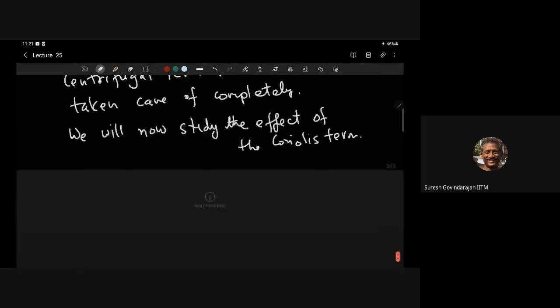Okay, so let me now draw a picture. In this picture, this direction, upward direction, will be E3, what? What will be this direction? Double prime. Double prime.